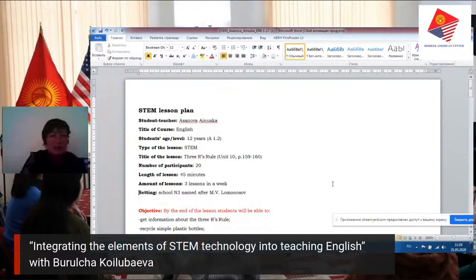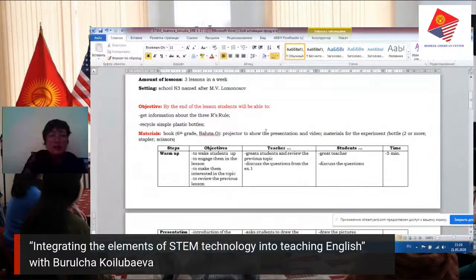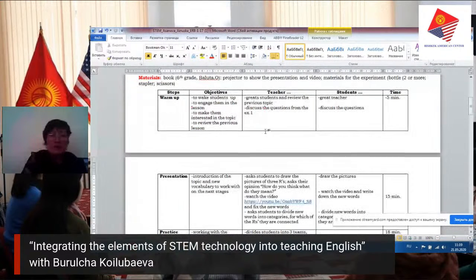Here, the materials are mostly based on the 3R rules, unit 10, pages 159 and 160. If you have the book for the sixth form, you can look at this, and the STEM lesson plan was designed on this.